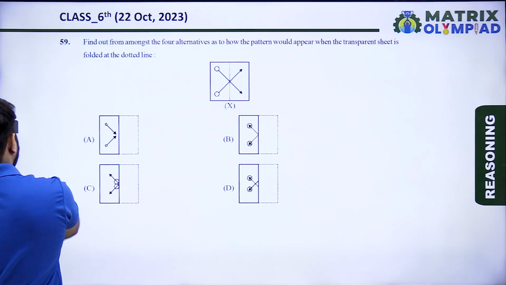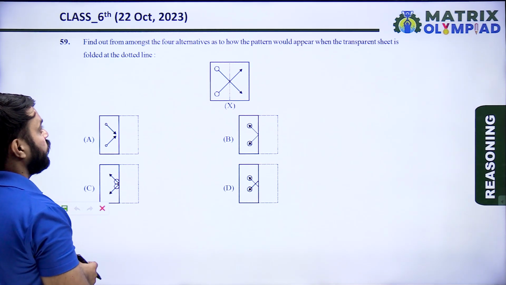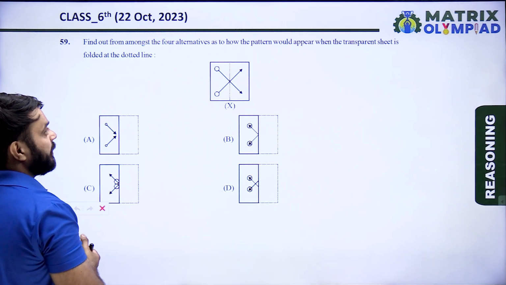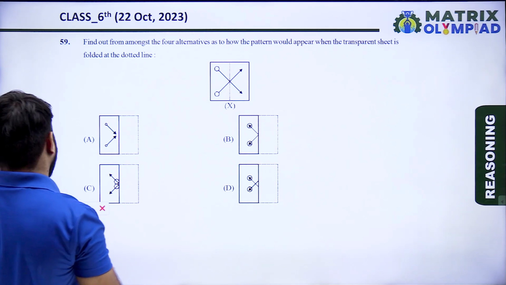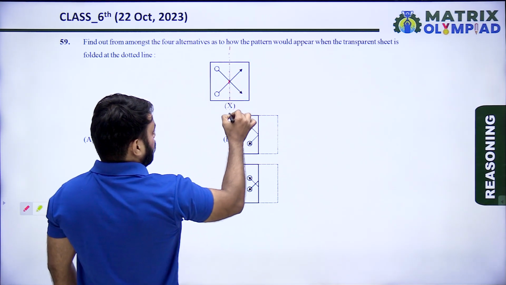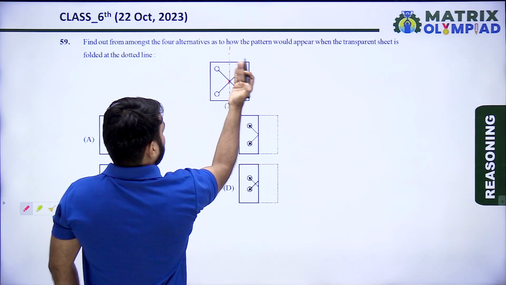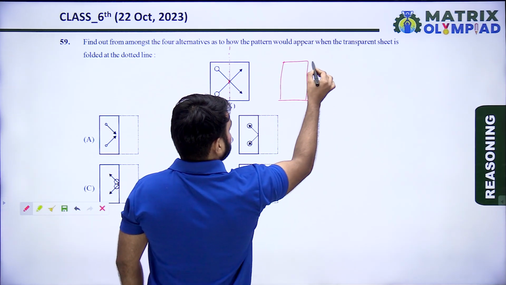Question number 59. Find out from amongst the four alternatives as to how the pattern would appear when the transparent sheet is folded at the dotted line. When the given image is folded along the dotted line, then we will get the image like this.